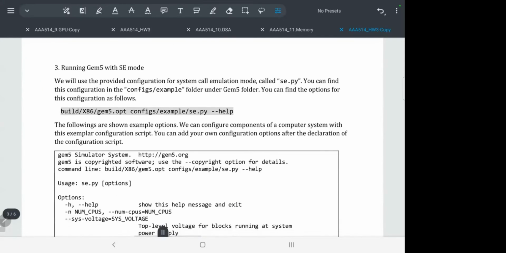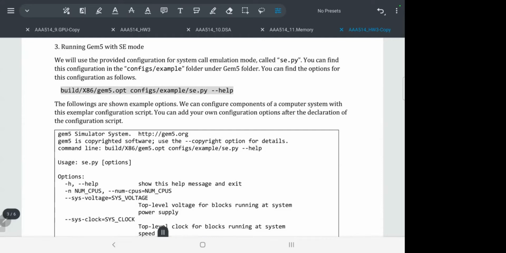Okay, and then for this simulation, we will use gem5's system call emulation mode. In system call emulation mode, gem5 just executes the compiled binary files, and there is no influence from the operating system or from other I/O devices. This is just a very simple binary execution mode.